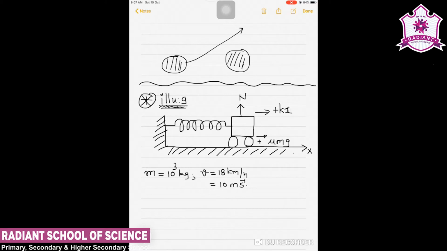on a smooth road and colliding with a horizontal mounted spring with a spring constant 6.25 into 10 to the power 3 newtons per meter. So in example number 8, the road was smooth. The spring constant K is 6.25 into 10 to the power 3 newtons per meter.